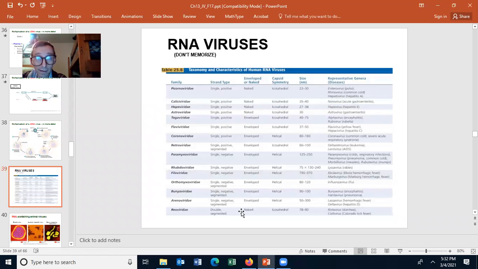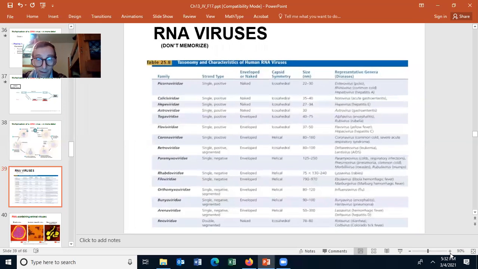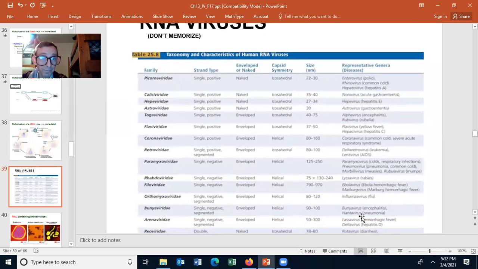Animal viruses that cause disease in humans. And these are the diseases here. We will talk about a few of these. The Picornaviridae is the family that produces the most human colds.